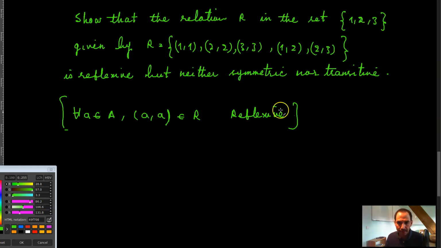So if 1 belongs to A, then if R has to be reflexive, (1,1) has to belong to R, and that means R is reflexive.